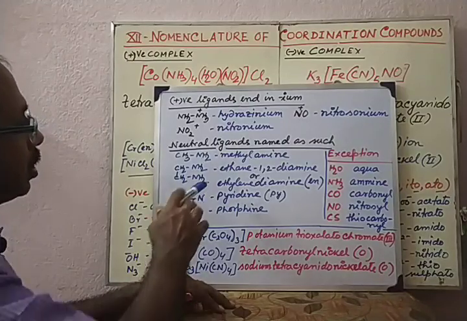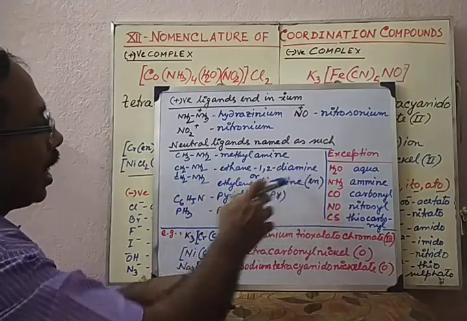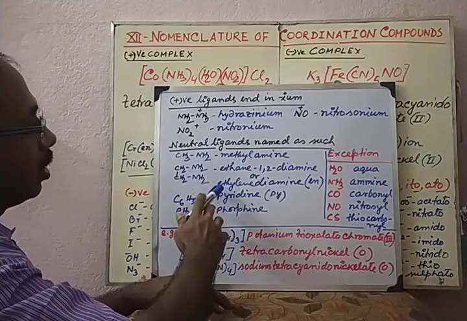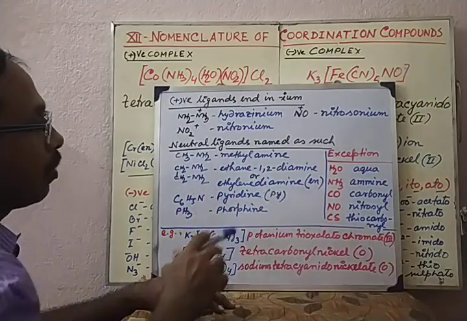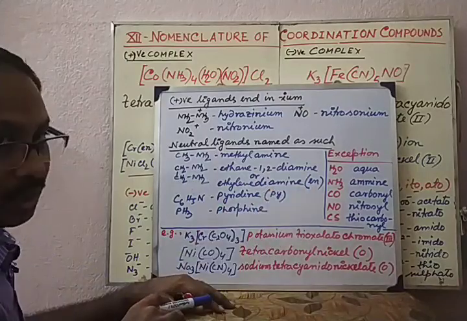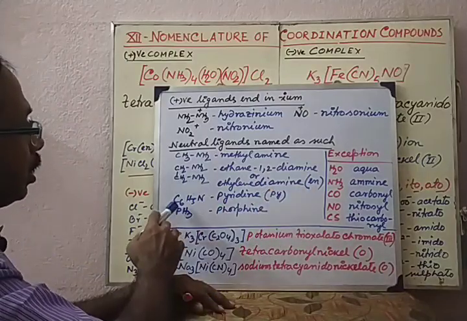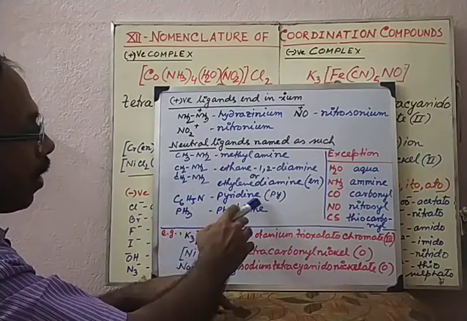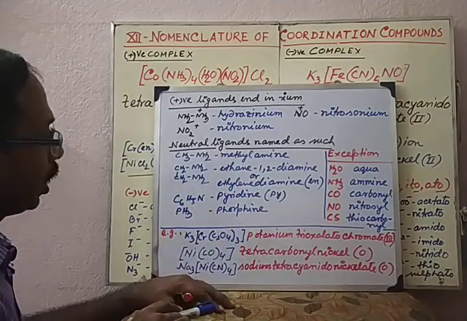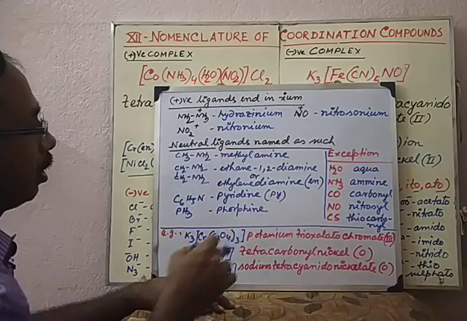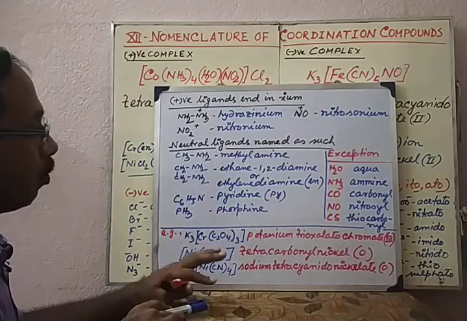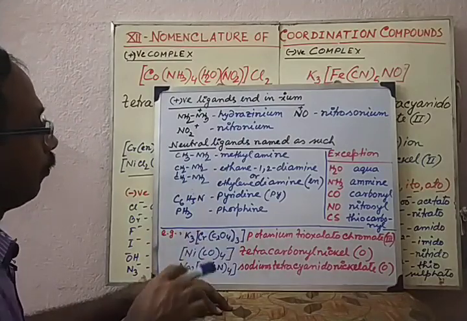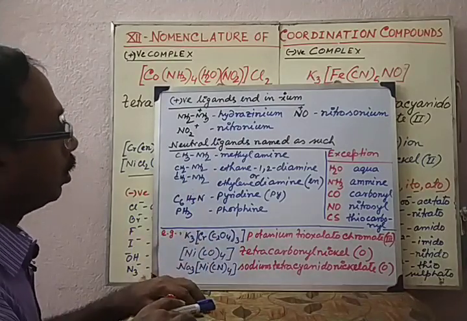So it is named as ethane-1,2-diamine, or it can also be called ethylenediamine. In short, it is written as en. Next, pyridine C5H5N. Pyridine is the name, and in the complex formula it is written as py in short. Then phosphine. So these are a few neutral ligands.